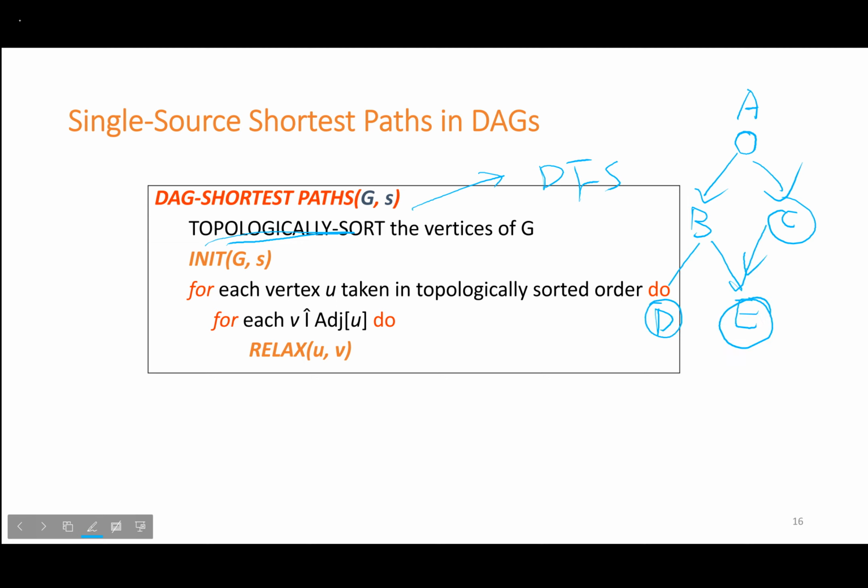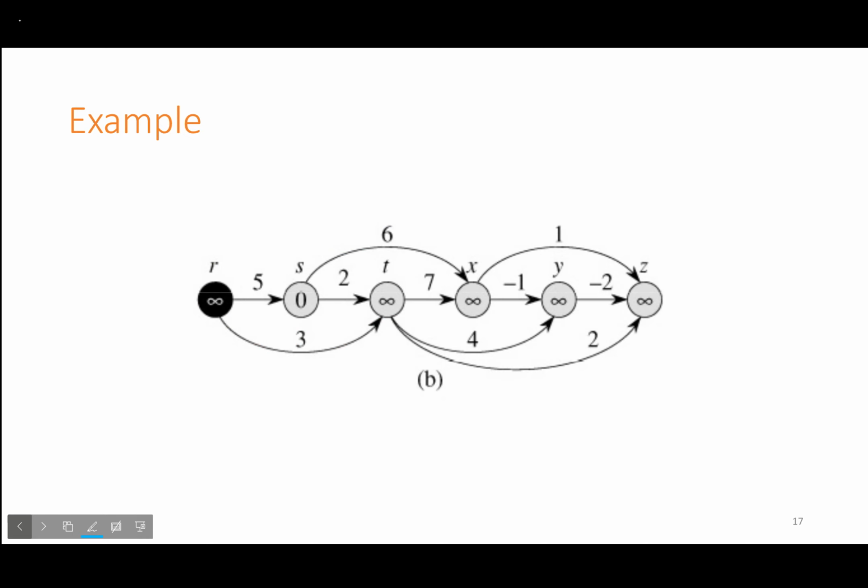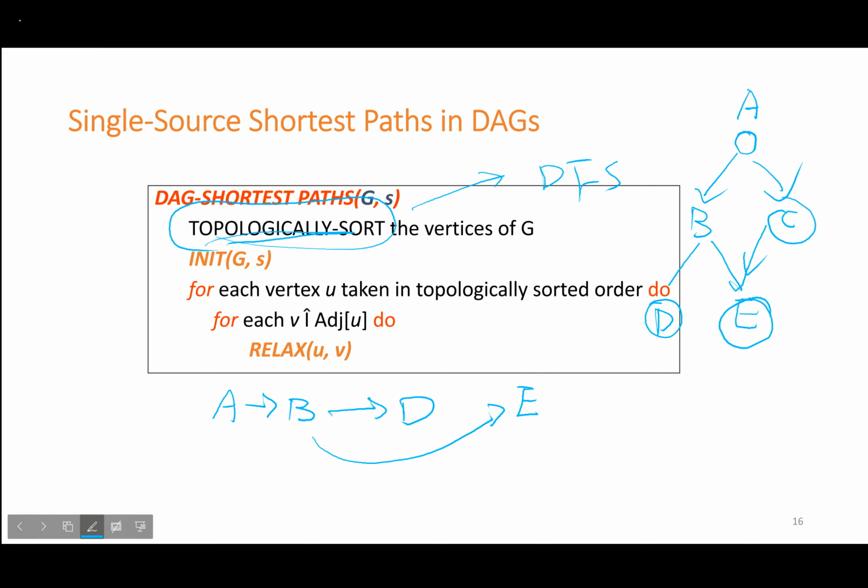The topological sort in this case: from A, we reach B, and from B, we reach D, and then we reach E again. We have to make sure we go as far as we can, and if there's no place to go, we go back and then go as far as we can again.